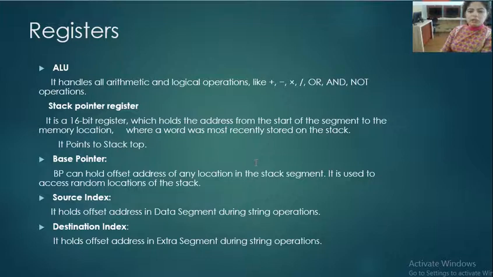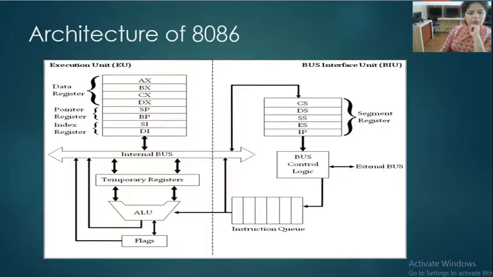After that, when I explain segment registers, it will be more clear to you regarding these registers. So this is base pointer, this is stack pointer. The name is pointer register because it always points to some particular location, stack pointer and base pointer.